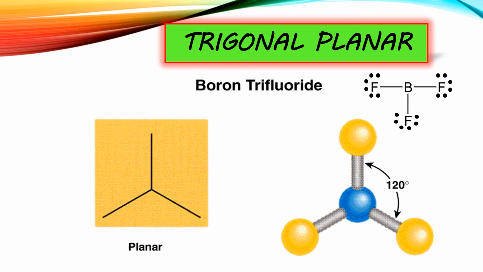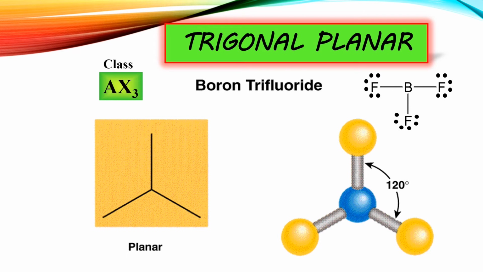The next molecular geometry is trigonal planar. This shape is formed when there are three bonding pairs at the central atom. For example, we have boron trifluoride, BF3. There are three fluorine atoms bonded to the boron atom.